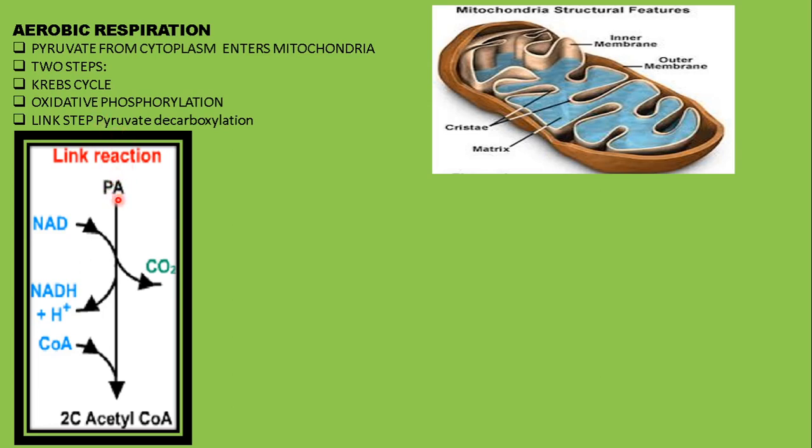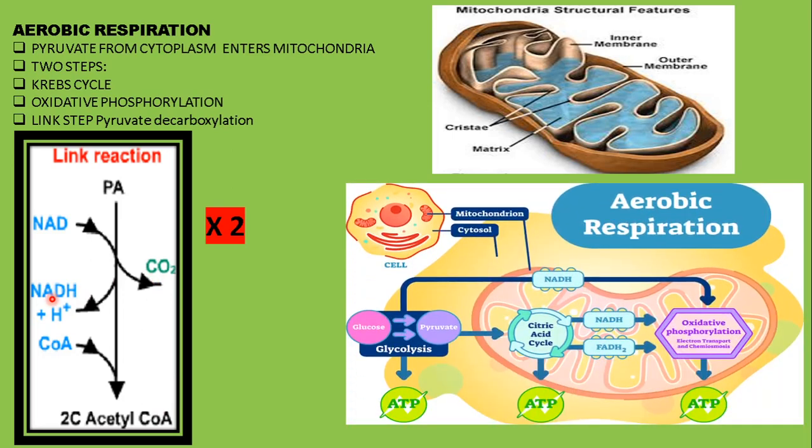It yielded two pyruvic acid molecules, so we write it into 2. Twice this reaction will take place, one after another. Finally, there will be yield of 2 acetyl coenzyme A, 2 carbon dioxide, 2 NADH, 2 each.